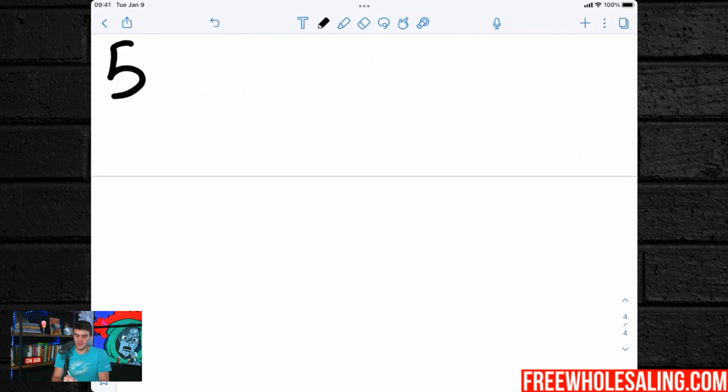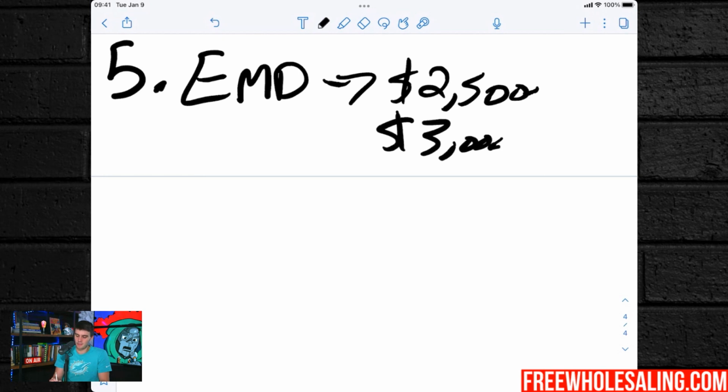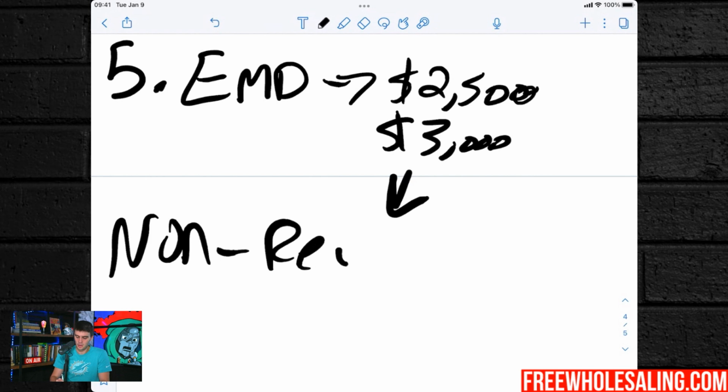Number 5, again, this is really simple, but let them know that there's an earnest money deposit and that it is whatever one you want. I probably do a $2,500 earnest money deposit. Maybe you can get away with $3,000 if you really want, but I would not do anything lower than $2,500, and let them know that that deposit is non-refundable.